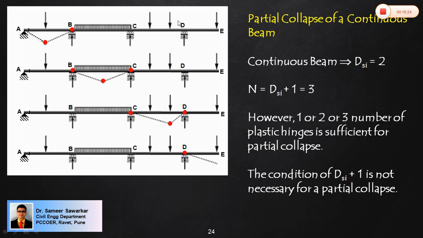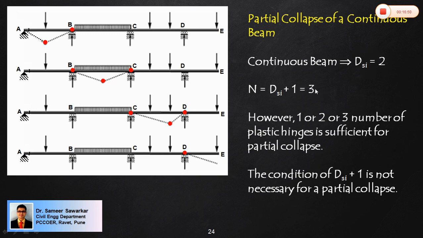It is subjected to a few point loads and a UDL, and then we are writing for this continuous beam degree of static indeterminacy is 2, which is obvious. There are going to be 2 reactions here, one more here, one more here, one more here, so 5 unknown reactions and 3 equilibrium equations. 5 minus 3 means 2, degree of static indeterminacy is 2.